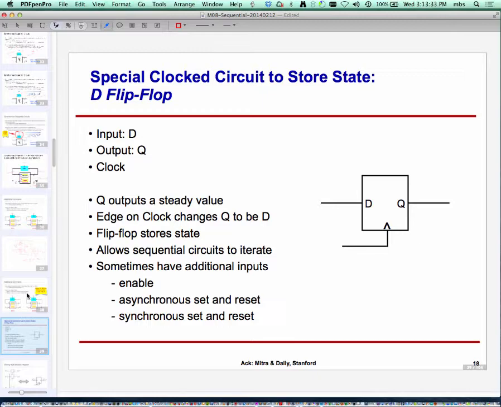In the case of Mealy, the input can immediately affect the output, whereas in the case of Moore, any change in input has to wait until the next clock tick before the output will see it. So Moore is slow as a consequence.